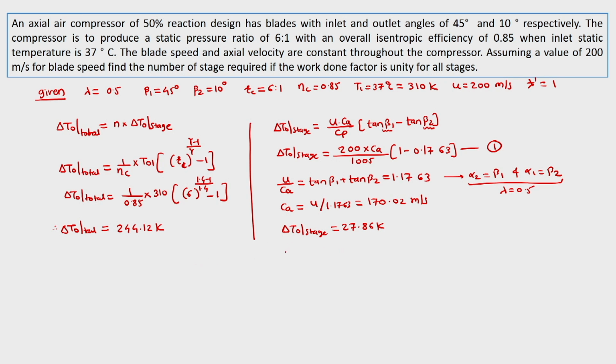So the total number of stages is delta T naught total divided by delta T naught stage. So we have 244.12 divided by 27.86, and hence the answer comes around 9. So we need 9 stages for doing this compression work.